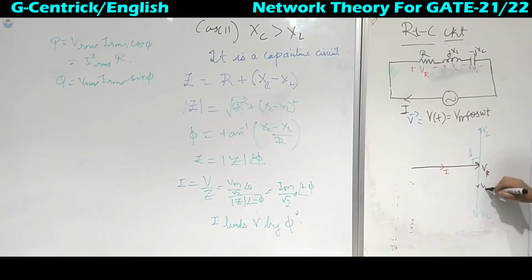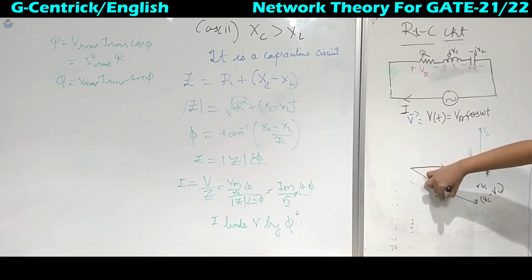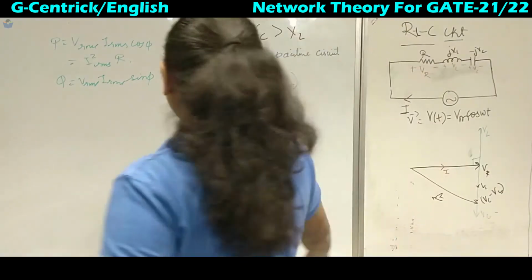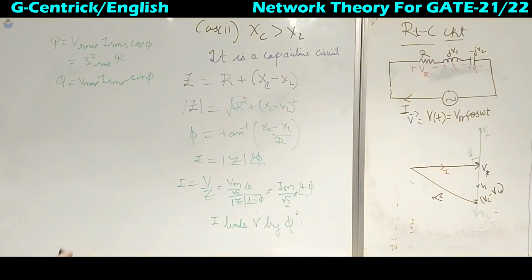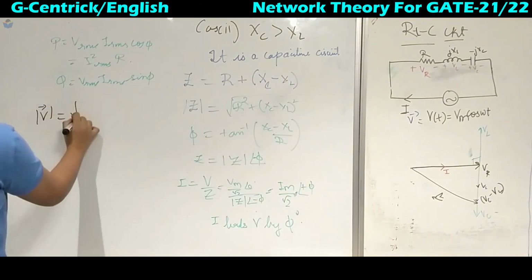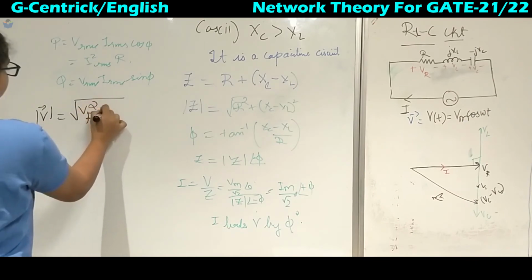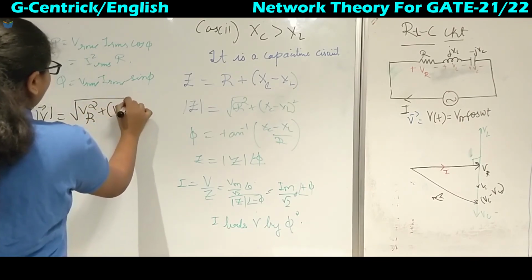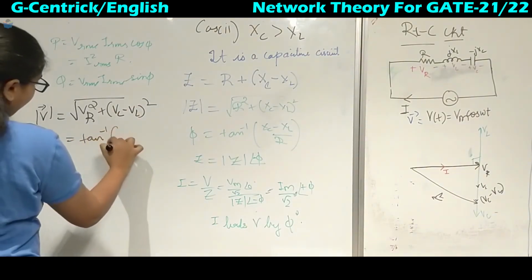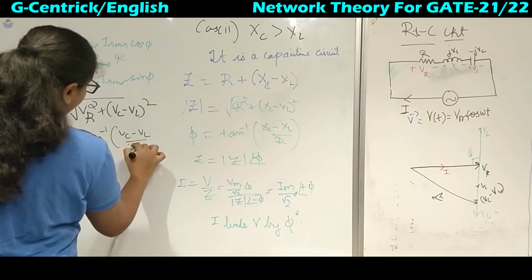So this is VL, and somewhere here we will get Vc minus VL, and its sum will be the total V. Now this is not a power triangle, it is a voltage triangle, because all are with respect to V. The total magnitude of V will be the square root of VR square plus (Vc minus VL) whole square. Then the phi angle will be tan inverse of (Vc minus VL) upon VR.